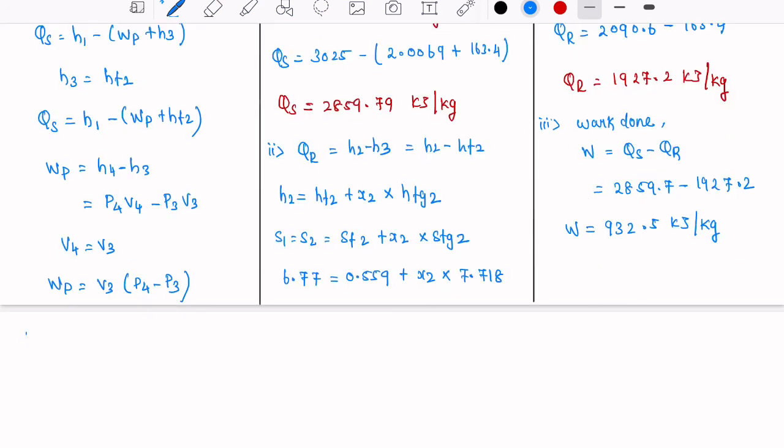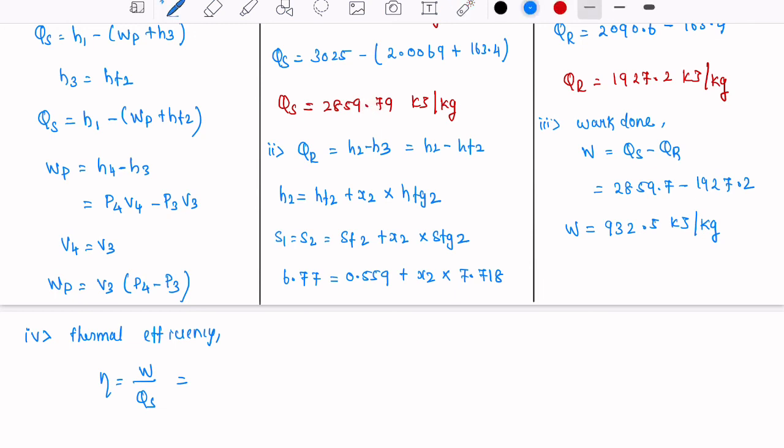Next, we have to find the thermal efficiency of the Rankine cycle. The efficiency is nothing but work done divided by heat supplied, and we have the value of work done as 932.5 and heat supplied as 2859.79 kilojoule per kg.